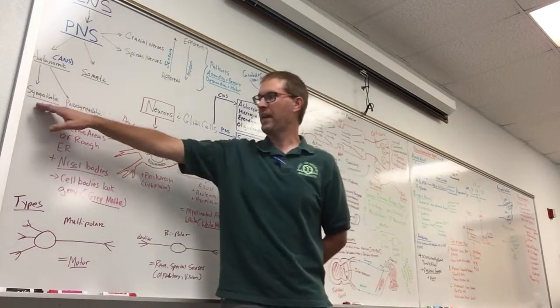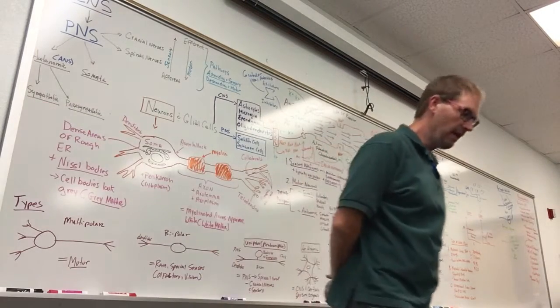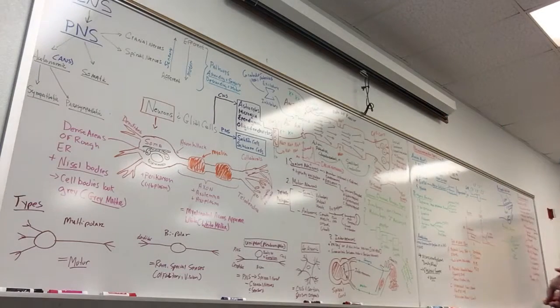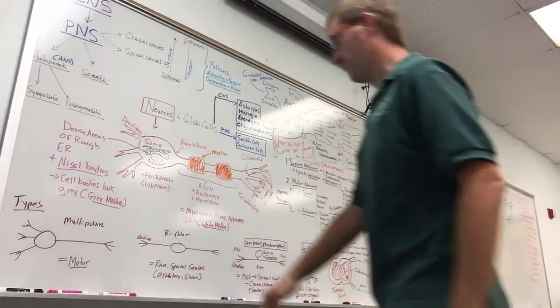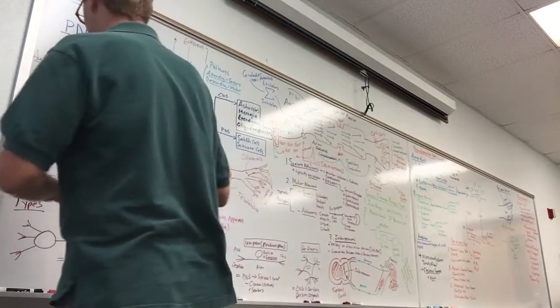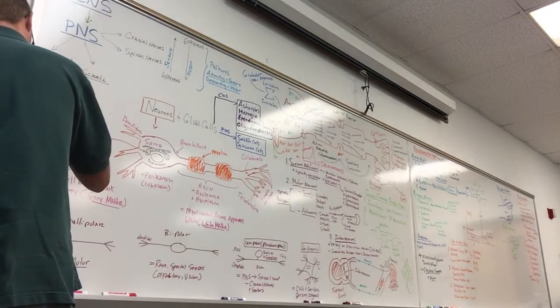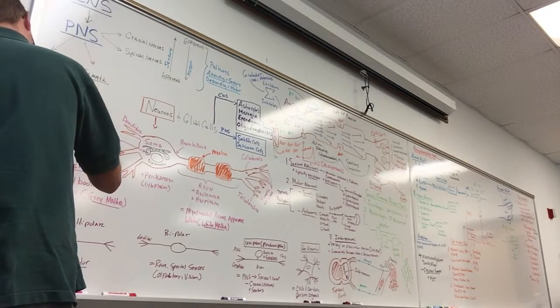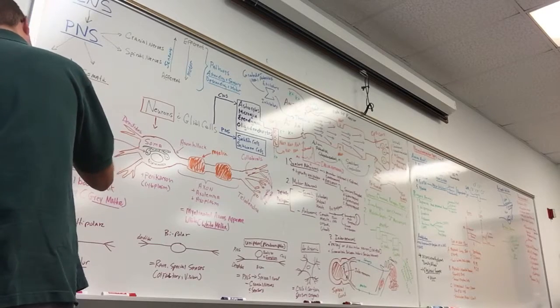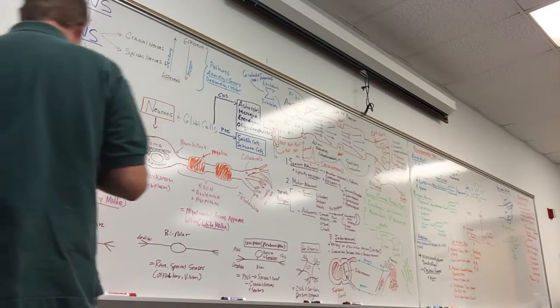Now the sympathetic branch, I kind of think of the sympathetic branch as the fight or flight branch. Think of this as fight or flight. All right. Fight or flight. Okay, this is the branch.